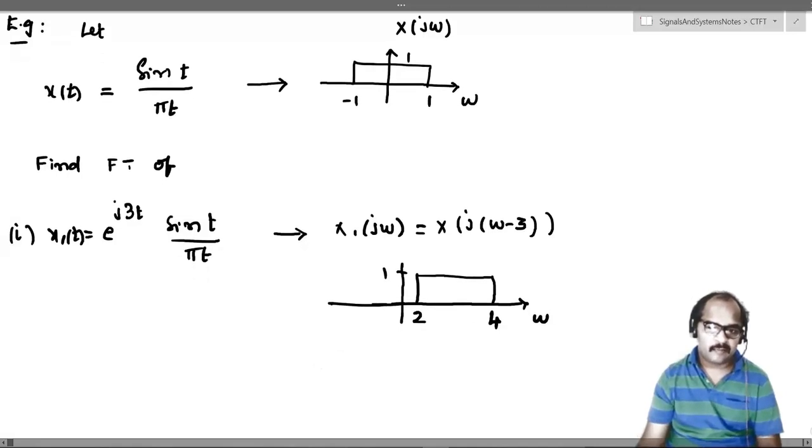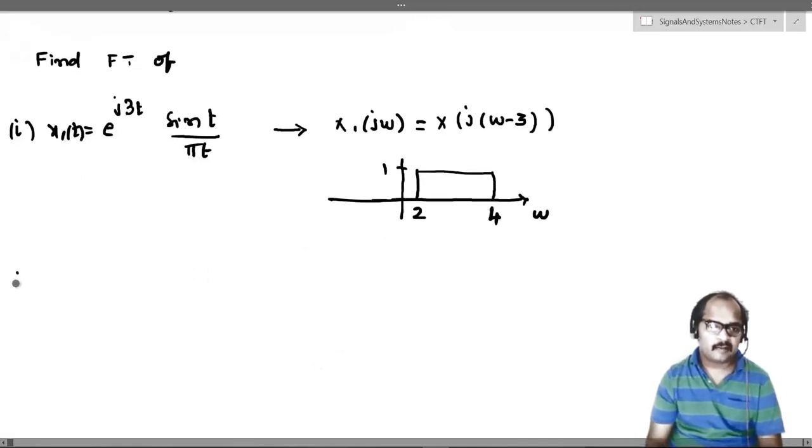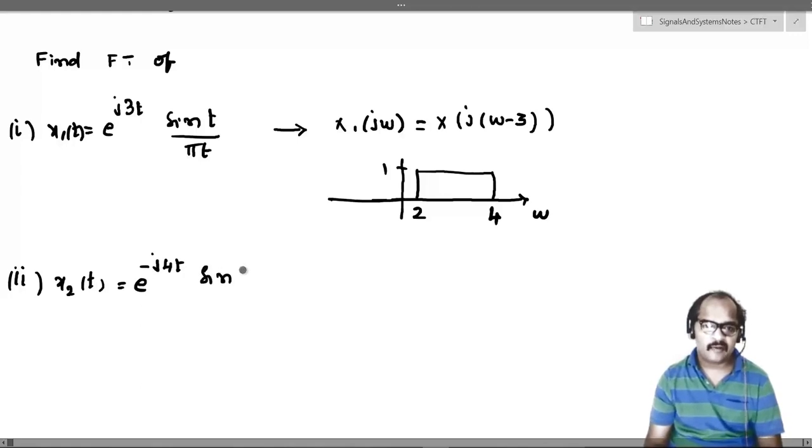Similarly, I'll take a second example, let's call it x2 of t, which is equal to e power minus j4t sine t divided by pi t. What will be this Fourier transform?